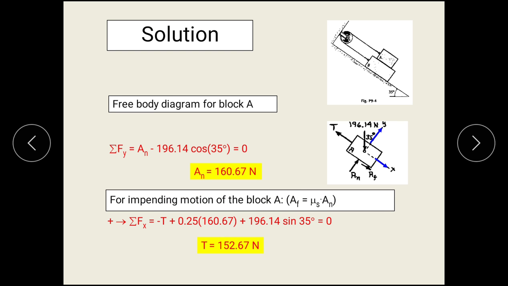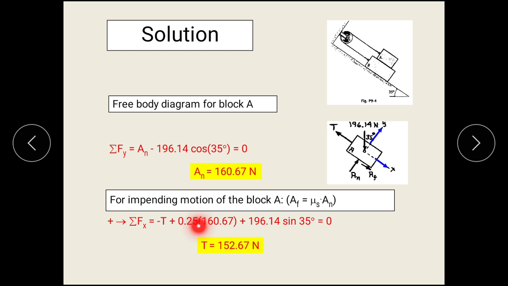Then we are considering the type of motion. For impending motion of block A, AF equals mu s into AN. So we are applying the second equilibrium law of forces. Summation of forces acting in the x direction is 0. So T acting in the upward direction minus T, then AN.